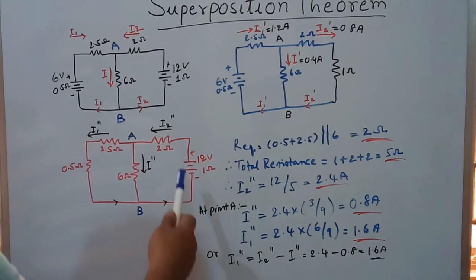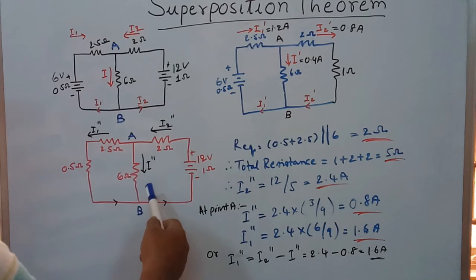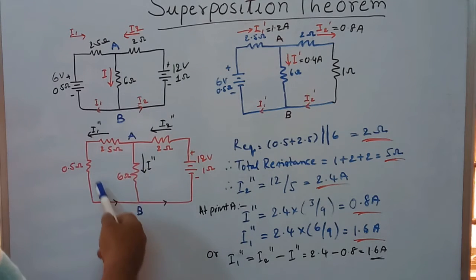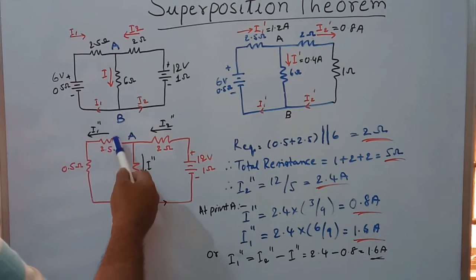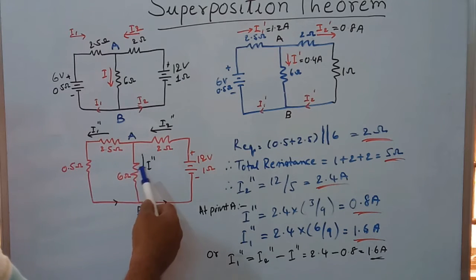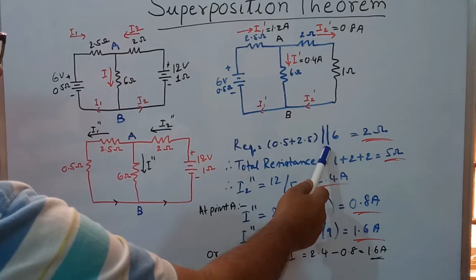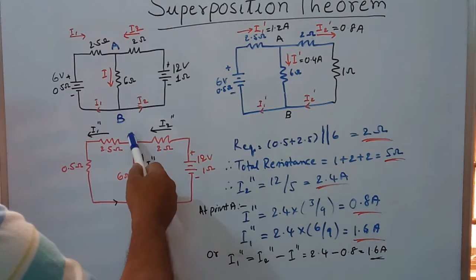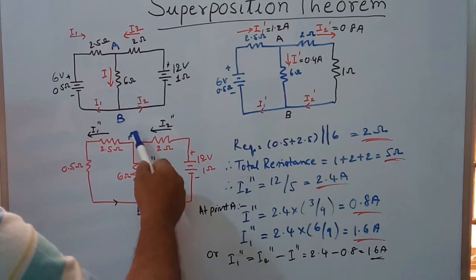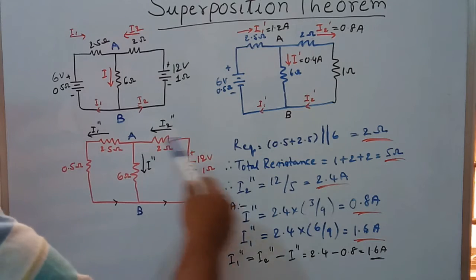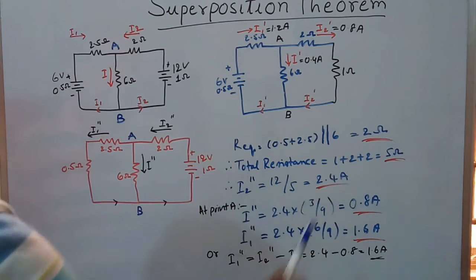Now we will find out the R equivalent for these parallel resistors. 0.5 and 2.5 are in series, and the combination is in parallel with the 6 ohm resistor, thereby the equivalent resistance at point AB is 2 ohms.